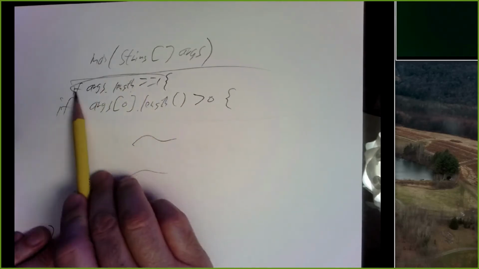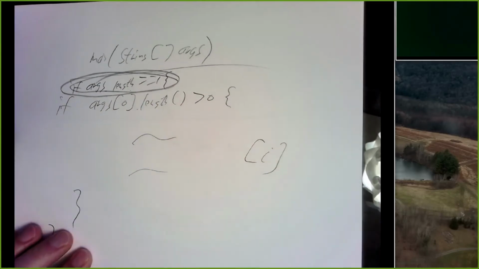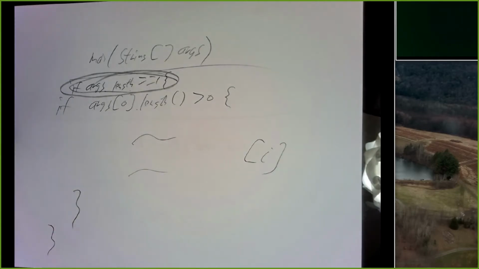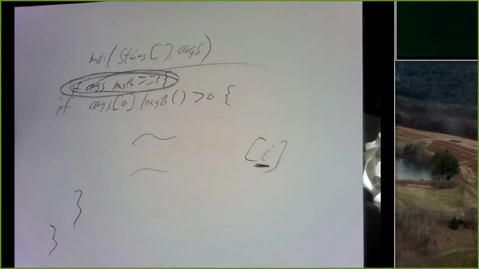But yeah, anytime you work with an array, before you work with element I, you want to make sure that the length of the array is at least I plus 1. That's regardless of Java, Python, C, Fortran, anything, right? Anytime you use an array, make sure that if you're going to access element I, that element I actually exists.